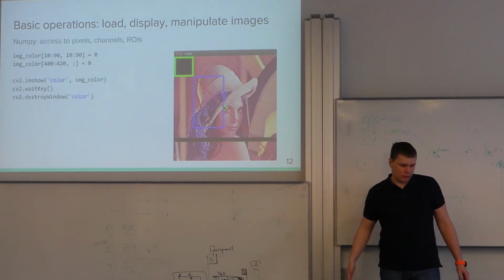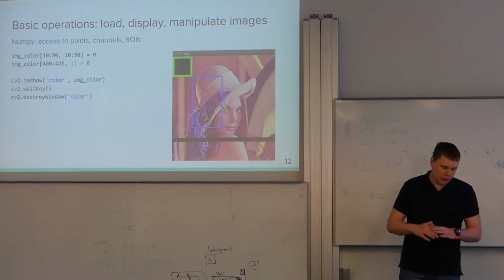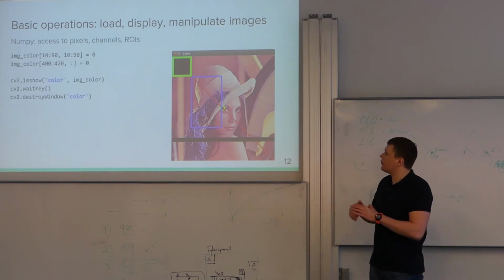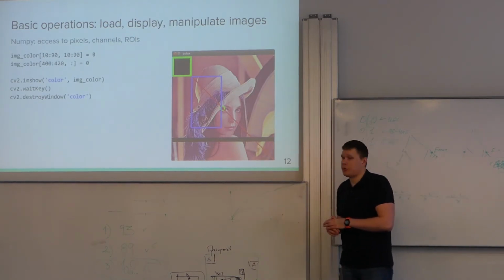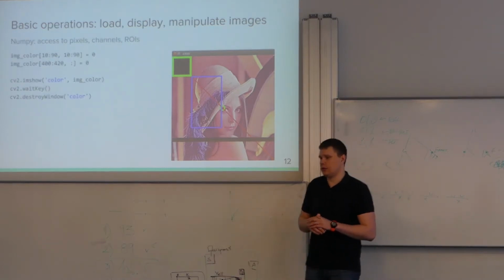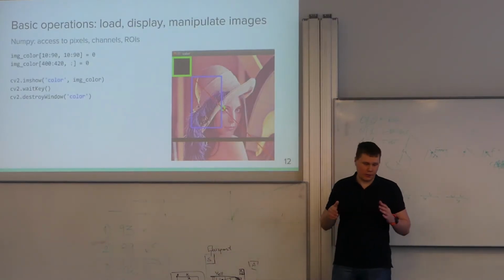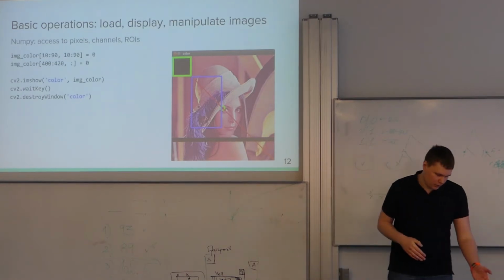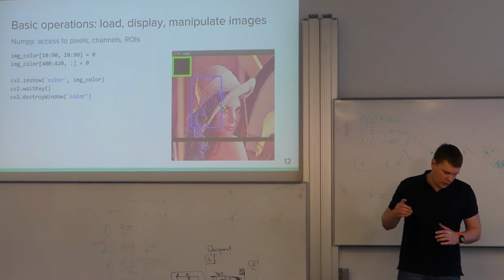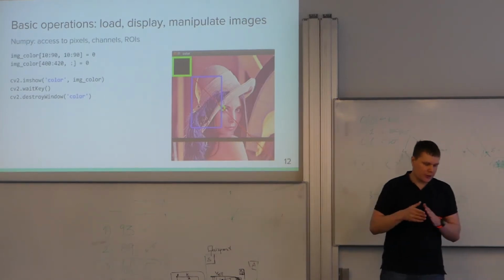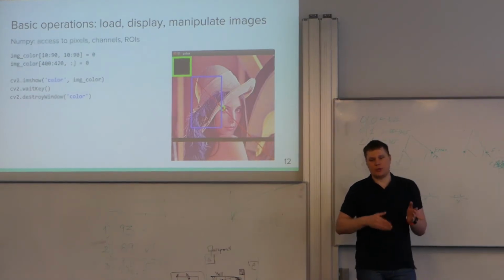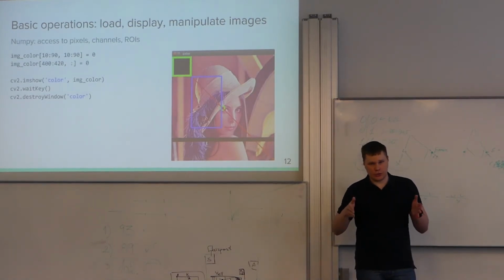Also, there are some other things available. If we want all channels to have the same value, we can just set it. The first line contains this sample, and we can specify from the start point to the end point in this dimension.